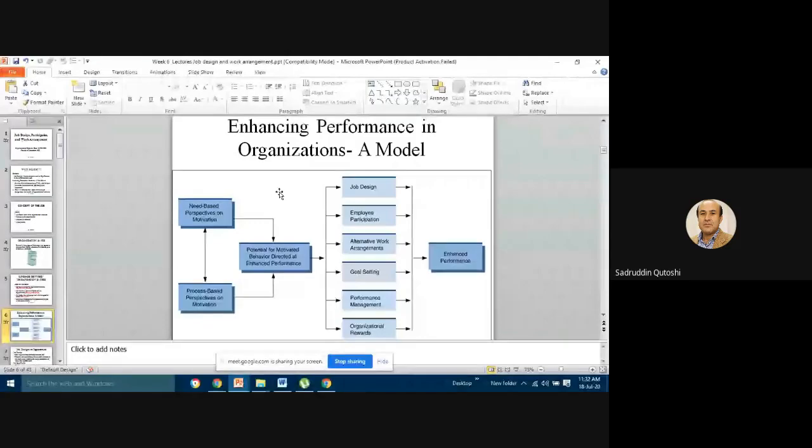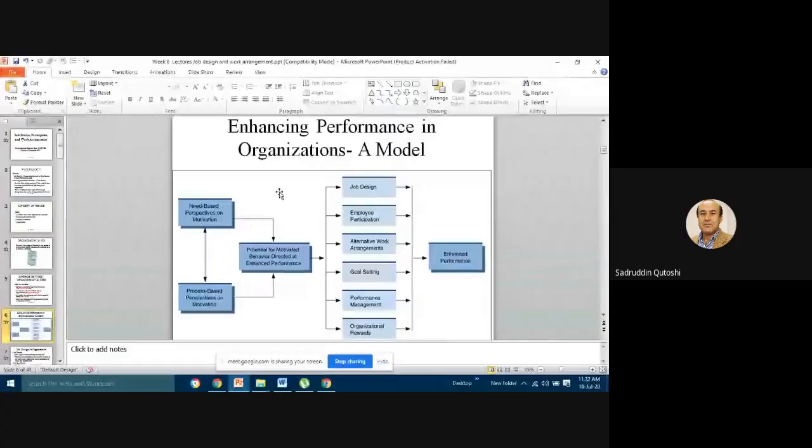Whether you look at these layers horizontally or vertically, they have their own specific meaning, and that meaning is how you ensure as a manager, as a leader in the organization, how you lead and motivate these people in order to enhance the performance of the organization.